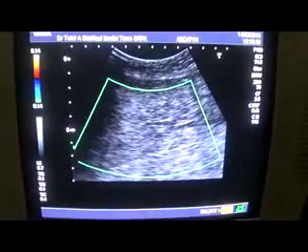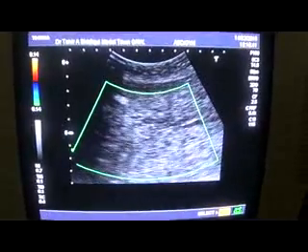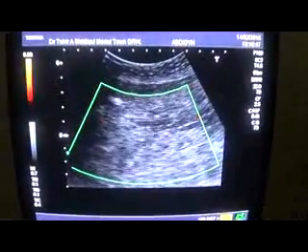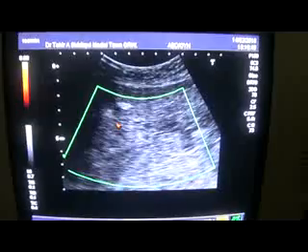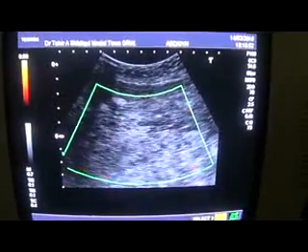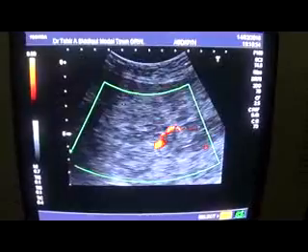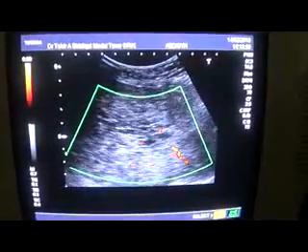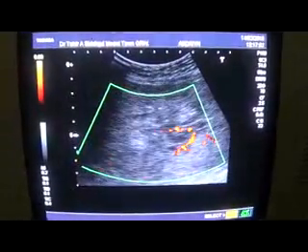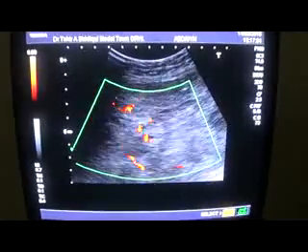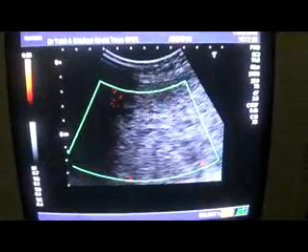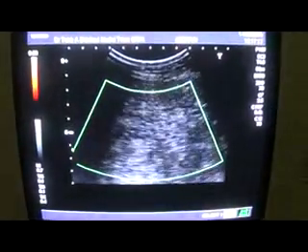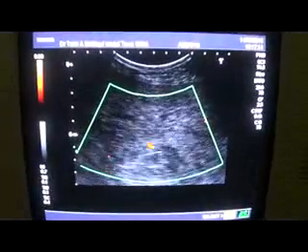So a calcified area is seen within it. Vessels are seen. Now this area is more vascular compared to the rest. This is a vascular mass, yes. You can see an abundance of vessels now with power Doppler.